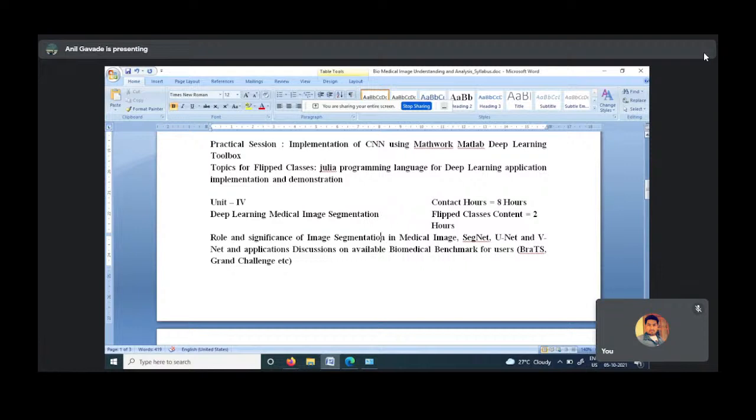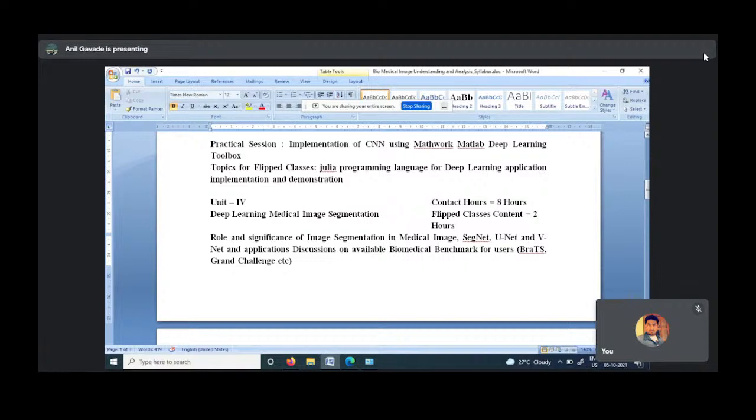Here also, I will give you the fundamentals of image segmentation, and that will be elaborated with reference to deep neural network models. We will be dealing with 3 different segmentation models which are core to deep learning. The first one is SegNet, then we have UNet and VNet. We will understand these segmentation techniques.